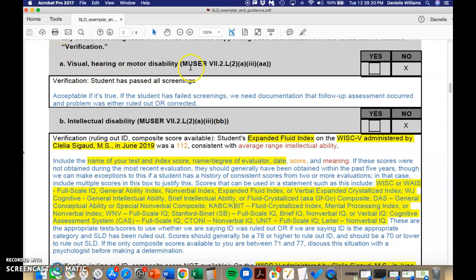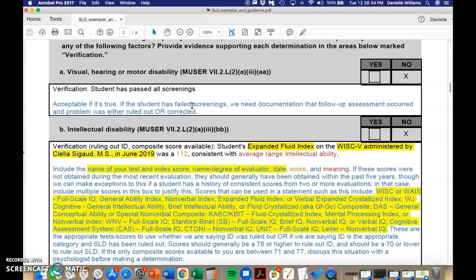So for visual, hearing, or motor disability, if they do not have visual, hearing, or motor disability, we're going to indicate that the student has passed screenings. This is another reason why oftentimes for students who have failed vision screenings or hearing screenings at school, the psych team recommends holding off on evaluation because we need to have verification that they don't have these disabilities.